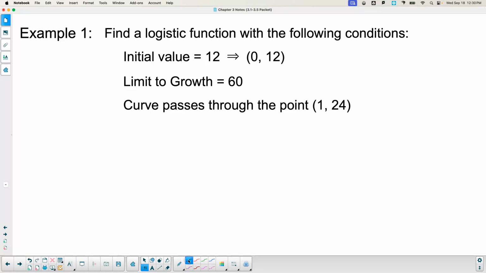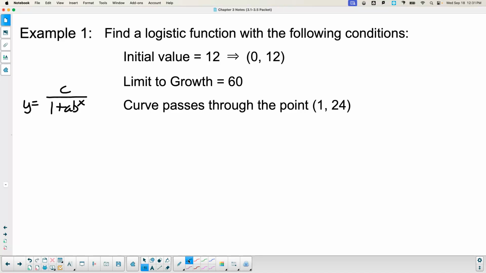So, we want our function to look like y equals c over 1 plus a b to the x power. From the given information, do I know any of those values, a, b, or c? Izzy, what do we got? What's a? It is not.